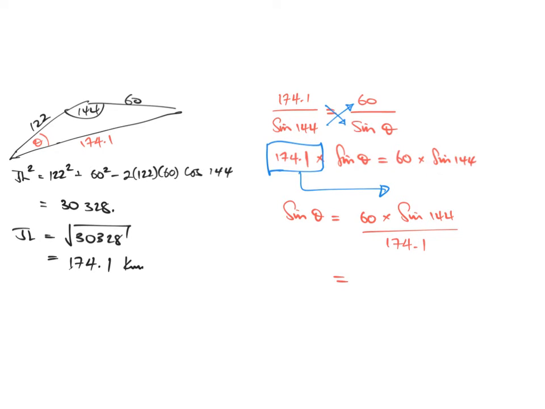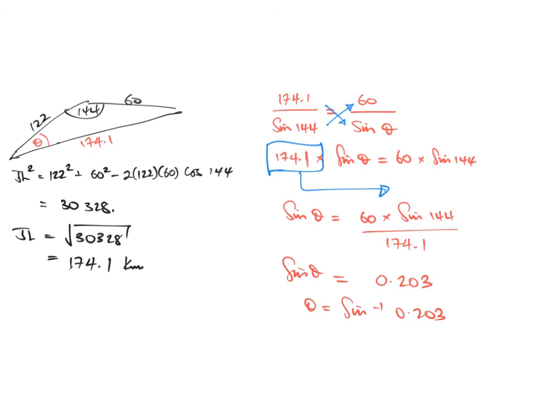All right, so that gives us 0.203. And again, because we're trying to find an angle, we'll need to do sine inverse. So basically what we've got is sine theta is equal to that. So if you want to find the angle, you do sine inverse of 0.203.